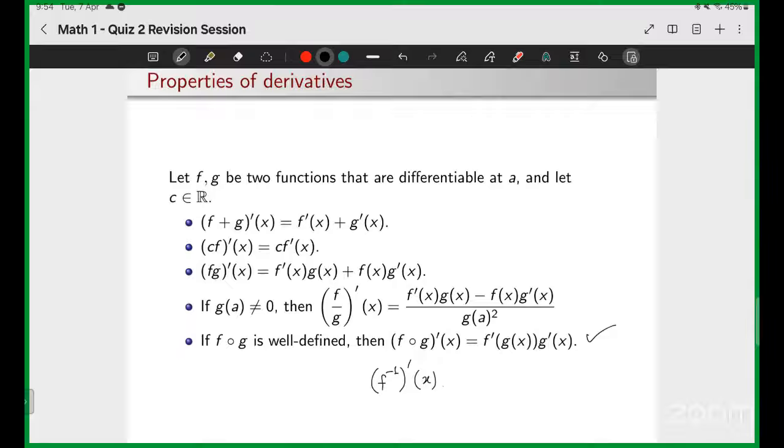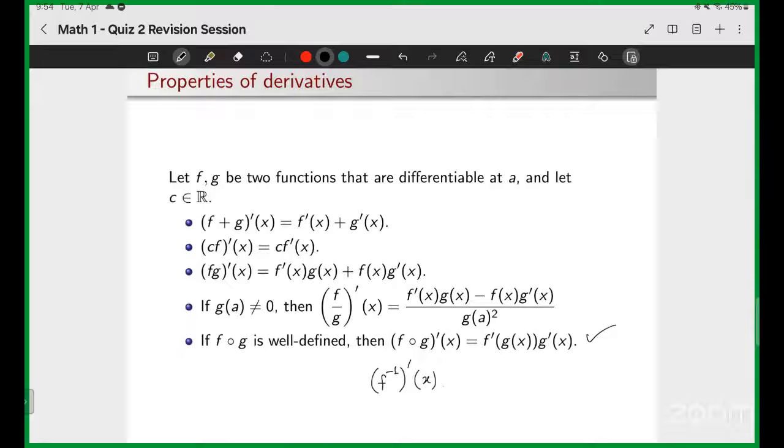Then what is the derivative of the inverse function? Of course, you'll have to write it in terms of the derivative of the original function. So if I look at this composition, what is this equal to?